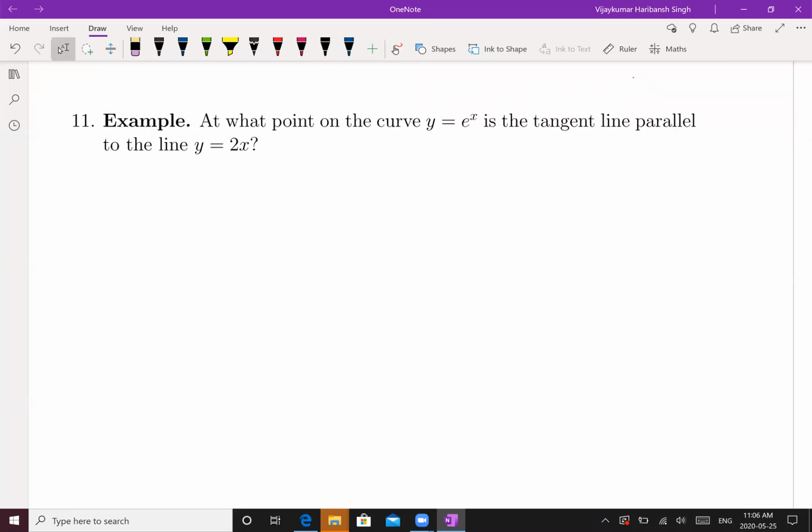Okay. Now let's ask the following question. At what point on the curve y equals e to the x is the tangent line parallel to the line y equals 2x? So the idea is you have y equals e to the x, which looks like that.